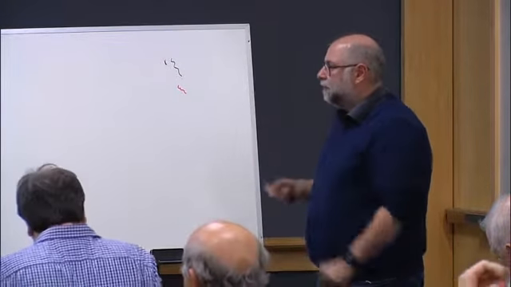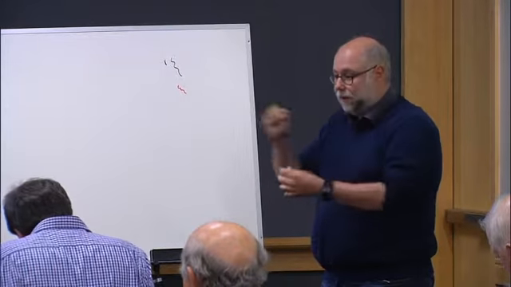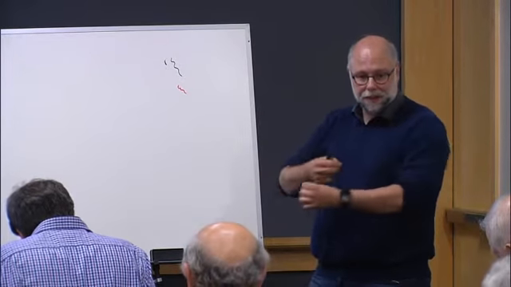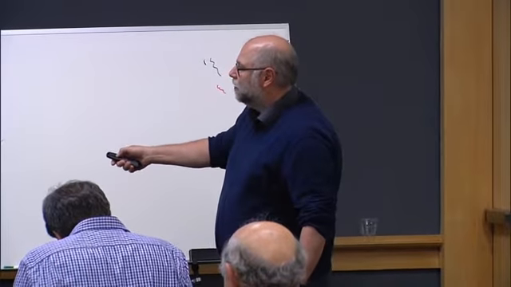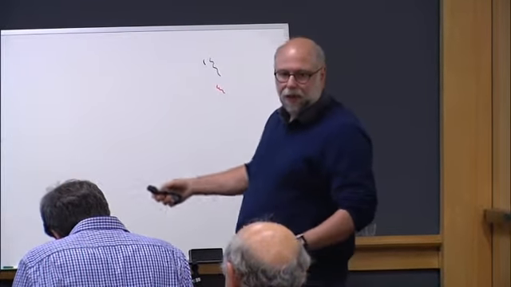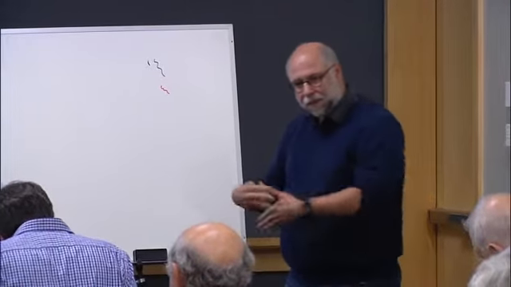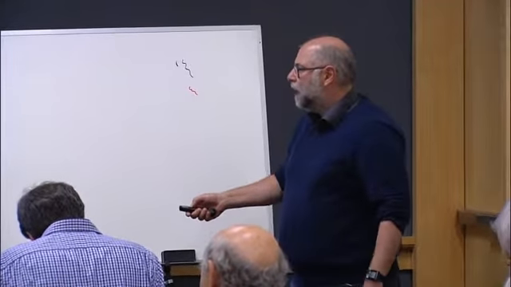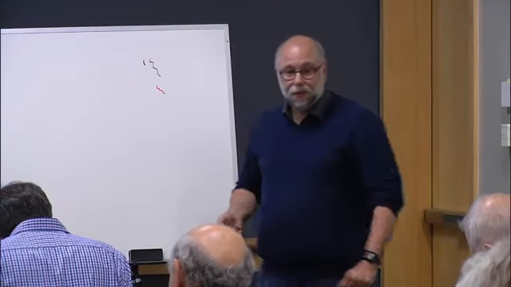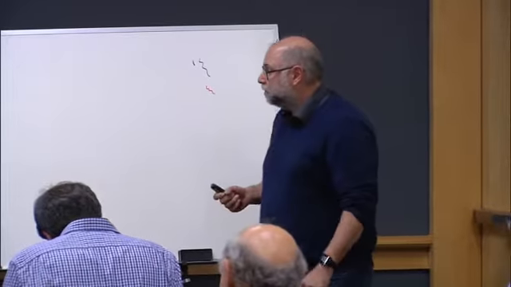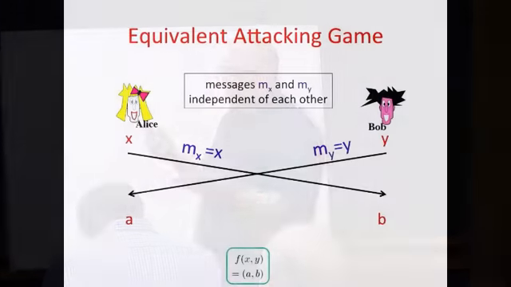These messages have to be sent independent of each other. It's not that Alice can wait till she receives Bob's message and then prepare her message. She has to send them simultaneously. And then at the end of the day, she has to output A, and Bob has to output B. And as we saw, that was perfectly possible in the classical setting, because these messages were X and Y.